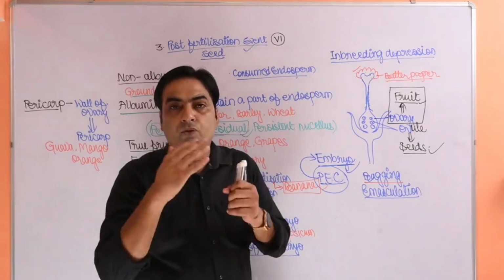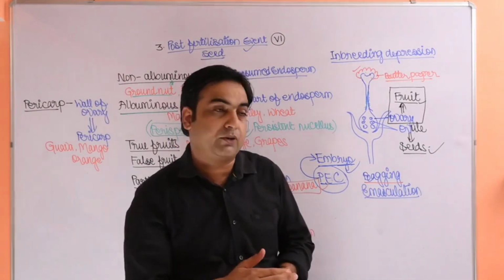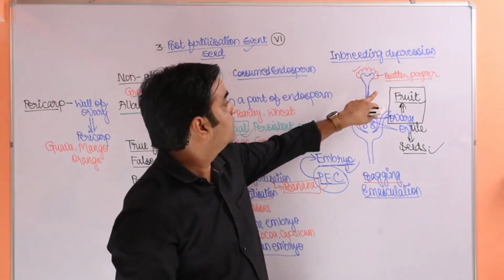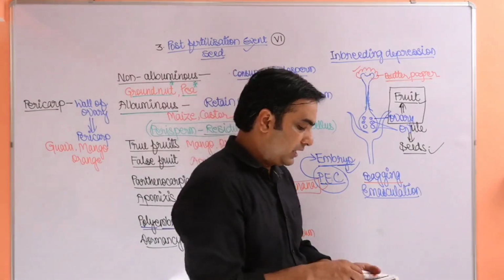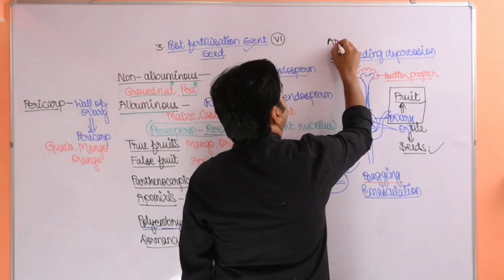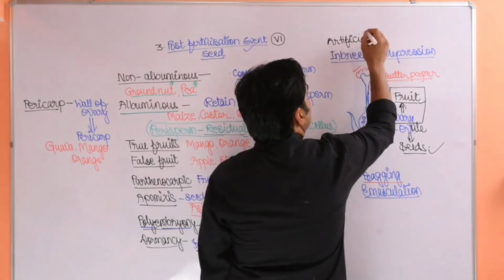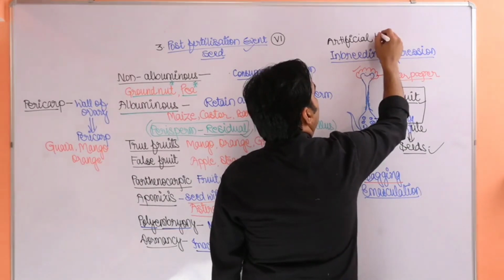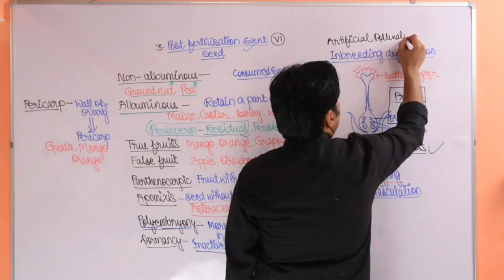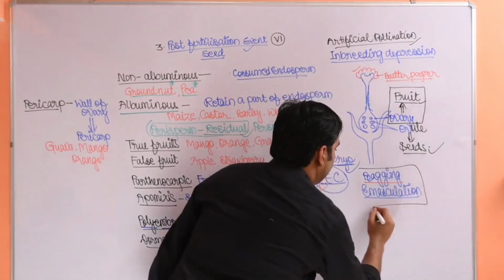No stamen means no anther, no anther means no pollen will be produced, and no autogamy will be possible. So these two things are important in artificial pollination or hybridization.